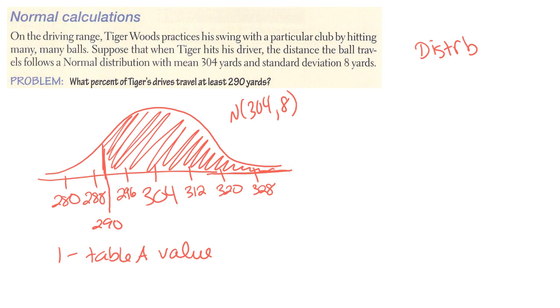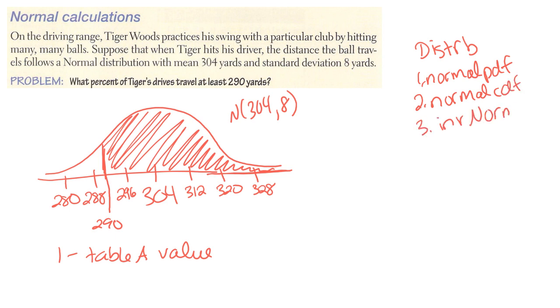Number 1 will say normal PDF. Number 2 will say normal CDF. And number 3 will say inverse norm. The ones we are concerned about at this point in time are numbers 2 and number 3. We will not use normal PDF. So make sure you don't push that.